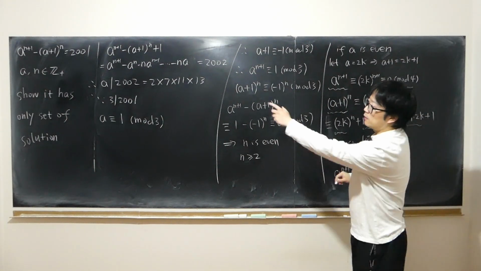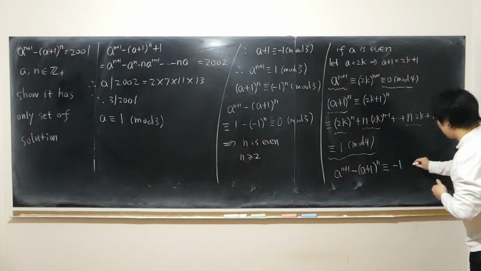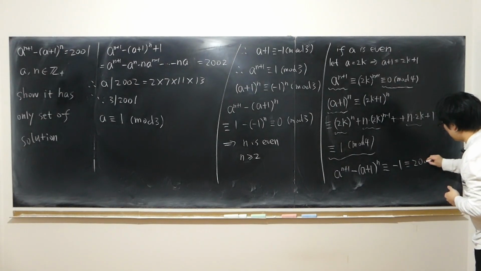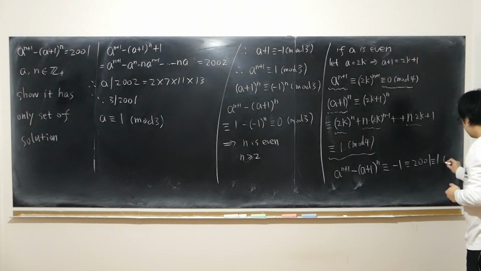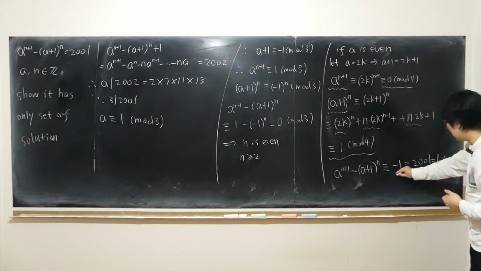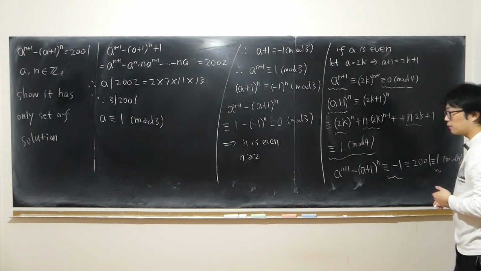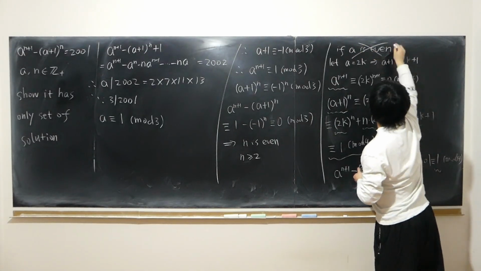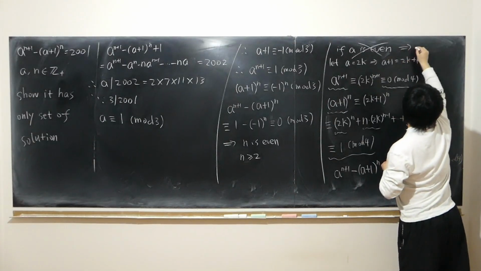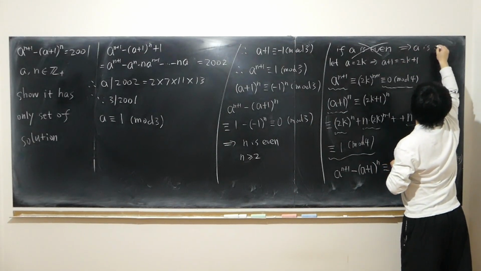At the same time, it equals 2001. 2001 divided by 4, the remainder is just 1, which is impossible. So a cannot be even. So a has to be odd.